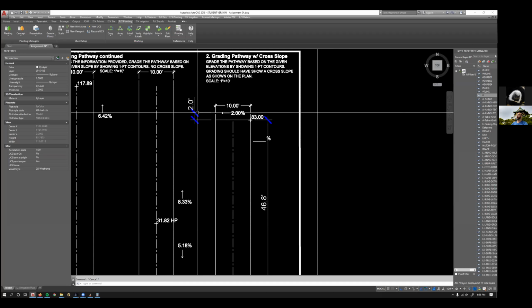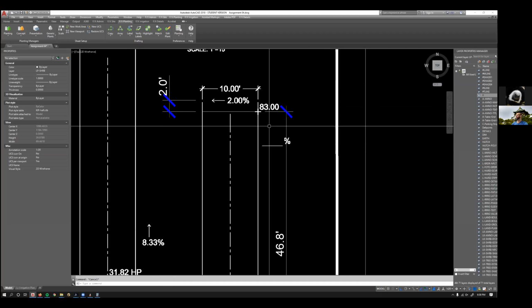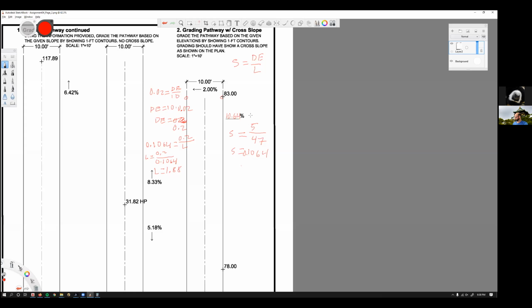And we know it's going up and not down because of the slope direction. Let me go back here. We have our slope going this way, and then we have our slope going this way, right? And if we take the visual average of those two slopes, it's going down to the bottom left.